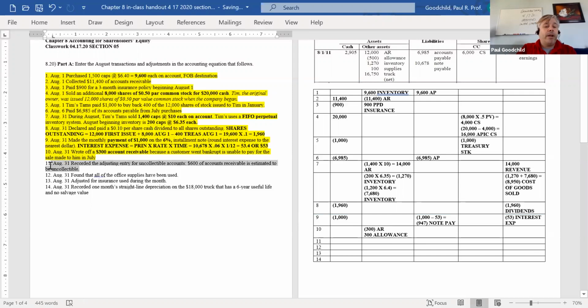Now we're going to record our estimate for August. And one of the things I wasn't careful about is that it says 600 of accounts receivable is estimated to be uncollectible. So what they're saying is, based on the ending balance in accounts receivable, 600 of it is expected to be uncollectible. So what we have to do is use our formula: beginning balance plus our bad debt expense minus what we wrote off equals our ending balance.